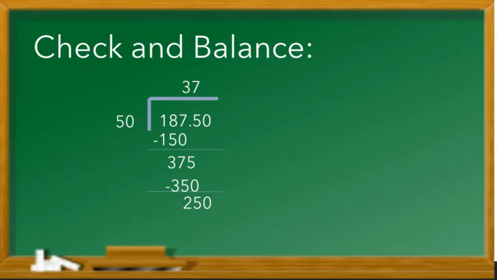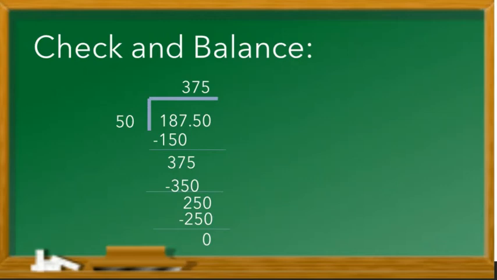375 divided by 50, the answer is 7. And 7 times 50 is 350. So 375 minus 350, the answer is 25. Bring down 0. So 250 divided by 50, the answer is 5.